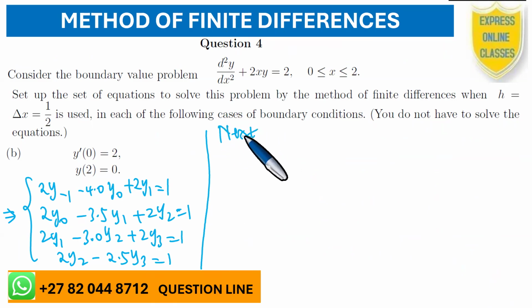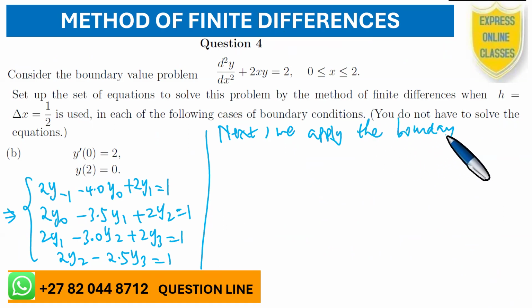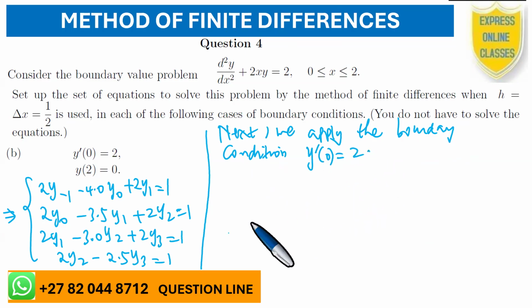Next we apply the boundary condition, which is exactly 2.